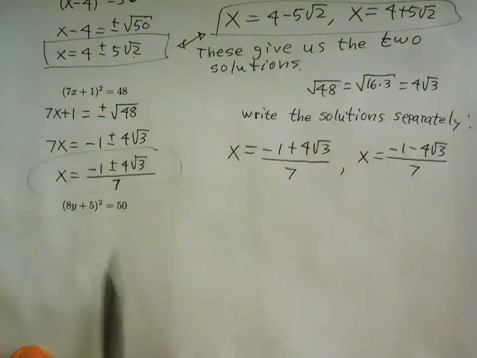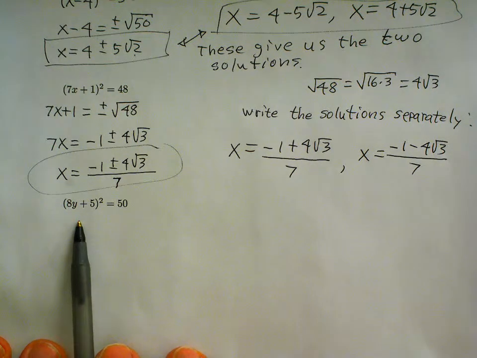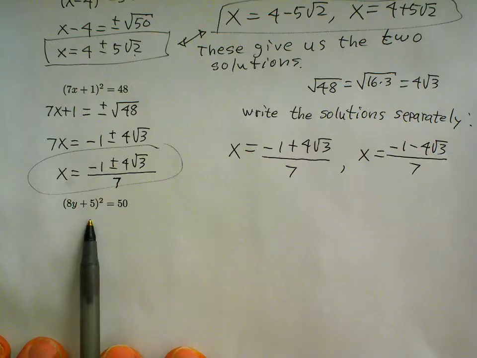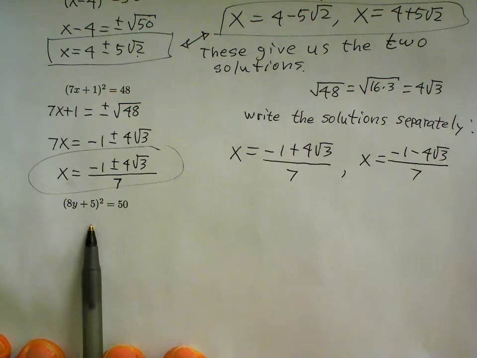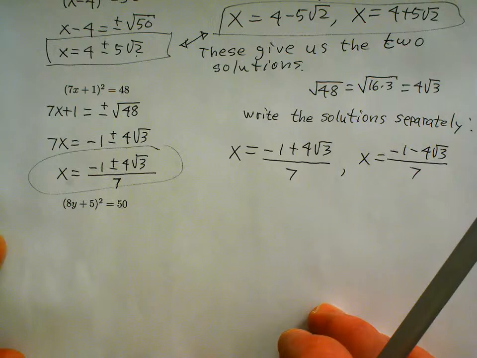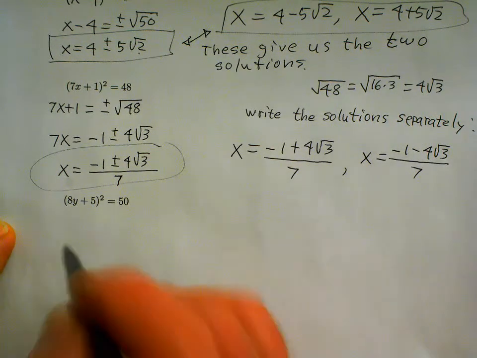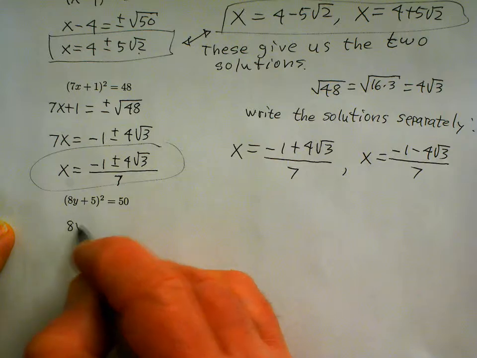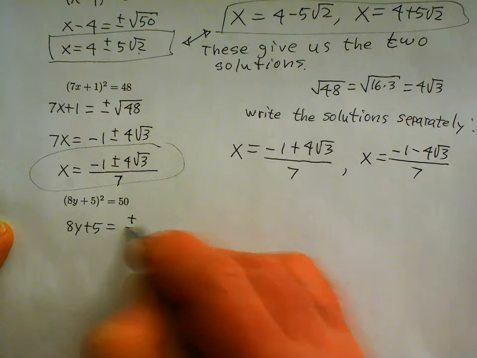This is similar to the one we just did. This is already all prepared to apply the square root property. The binomial (8y + 5) squared equals 50. So when we apply the square root property, we get 8y + 5 equals positive and negative square root of 50.